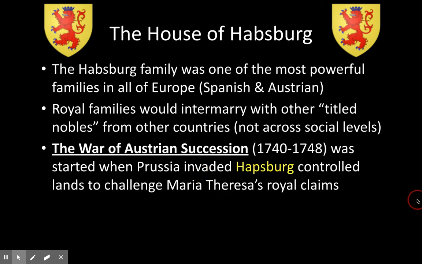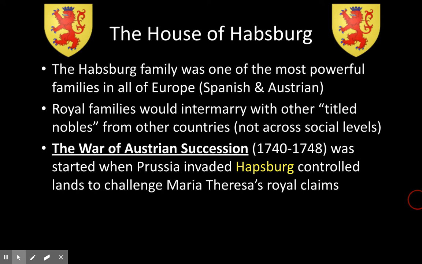One of those issues during the 1700s was the War of Austrian Succession, and it was started when Prussia invaded Habsburg-controlled lands to challenge Maria Theresa's royal claims. And Maria Theresa was a woman, obviously, and usually the rights of succession were passed on from father to son.